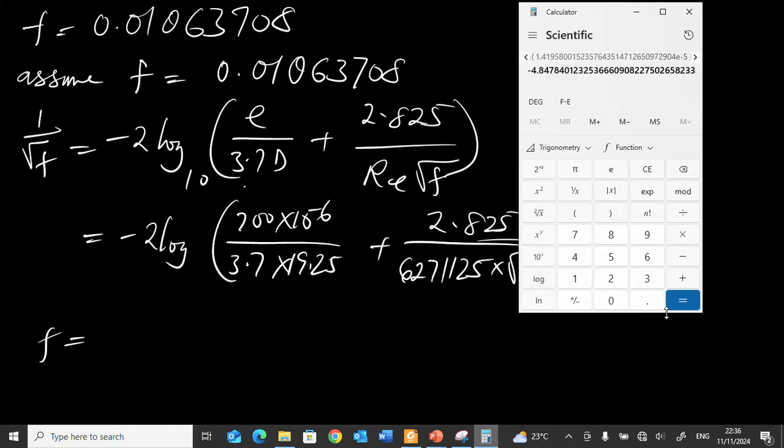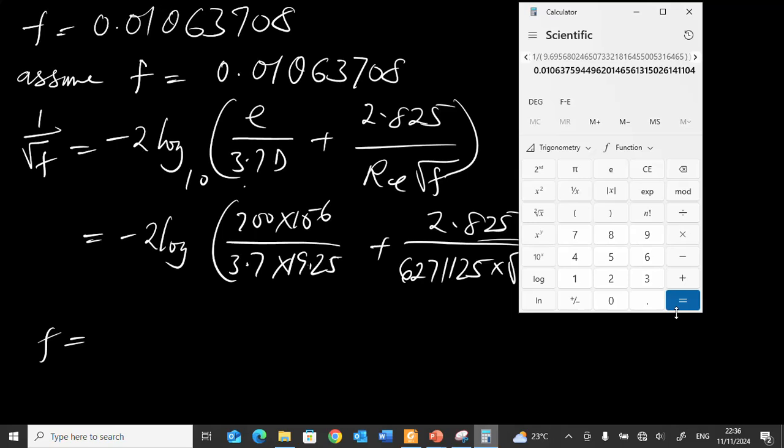Log this times 2 minus 2, equal to 9.69568.